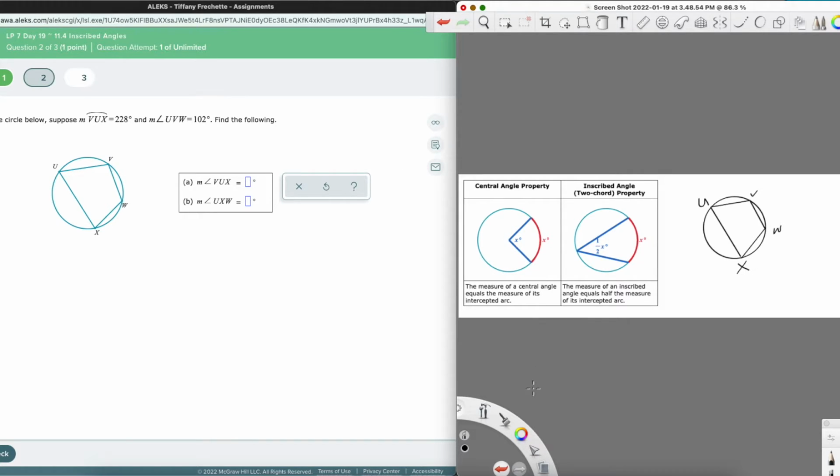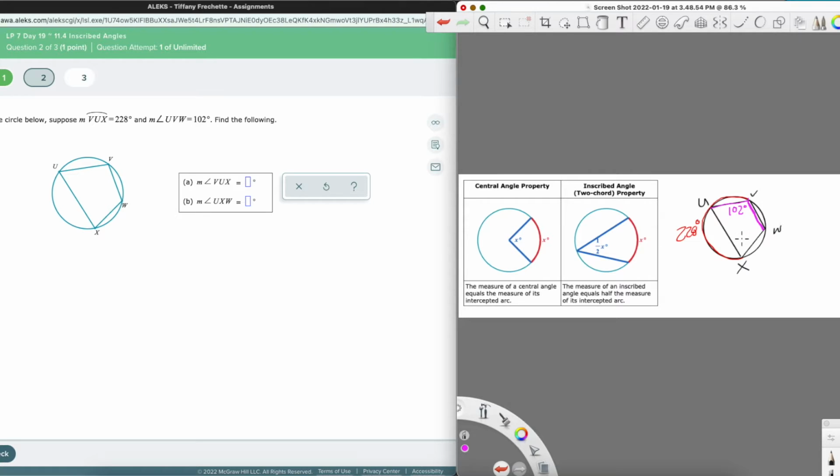And it's telling me that arc VUX, so I want to make sure I'm going this way, VUX is 228 degrees. And then it tells me that angle UVW, so this angle here, is 102 degrees.